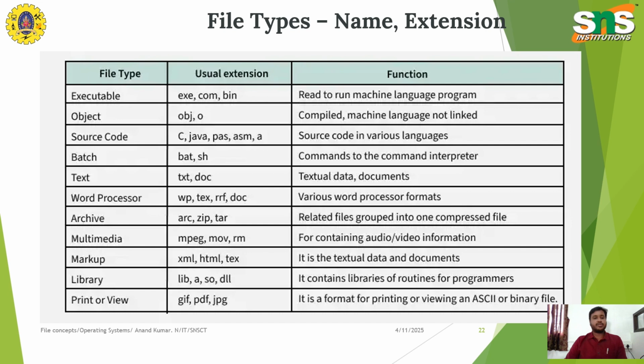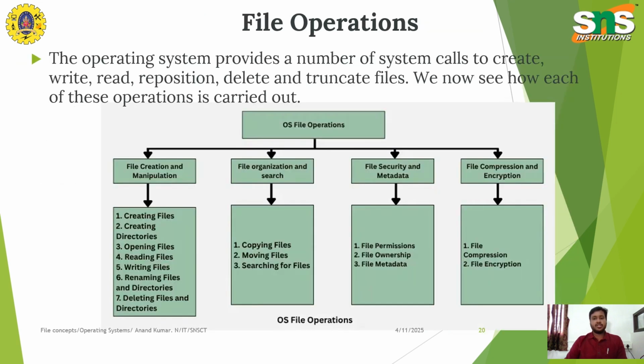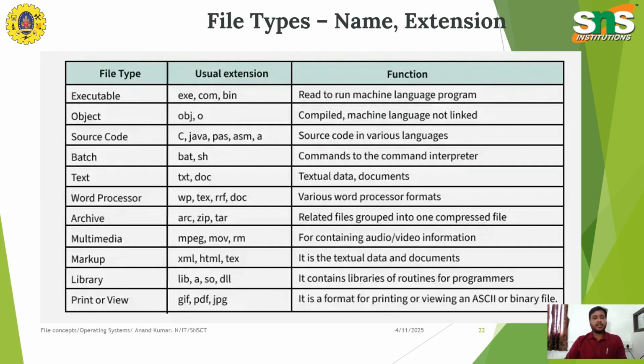The archive format uses .arc, .zip, and .tar as its extension, and the related files are grouped into a single compressed file. And regarding the file operations in the operating system, the file compression and encryption techniques have been invoked here in this archive.